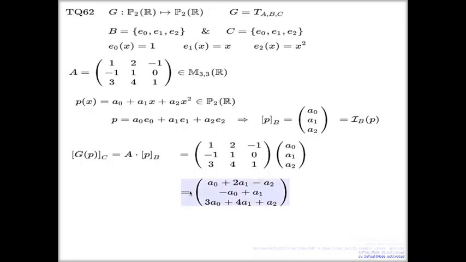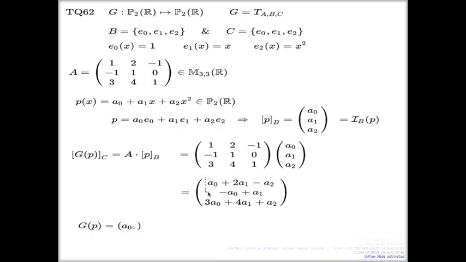And this is this element. If I need to recover G of P itself, and G of P must be an element in the codomain, which is the polynomials vector space, this is a recovery of G of P.